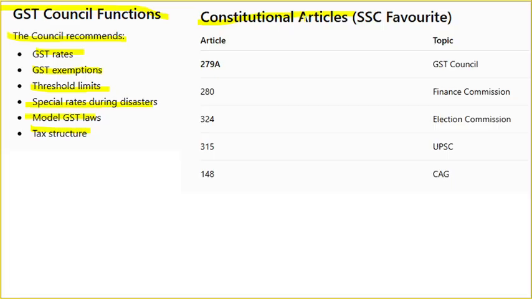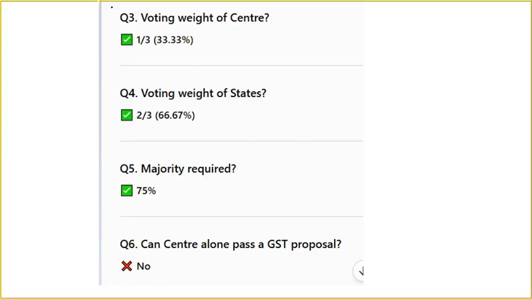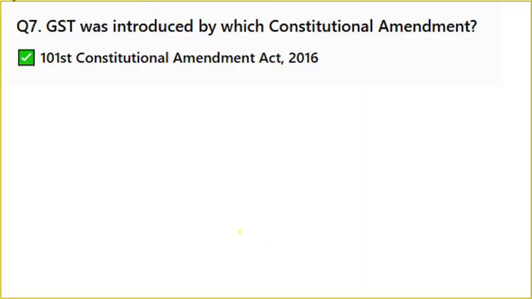Constitutional articles: Article 279 GST Council, Article 280 Finance Commission, Article 324 Election Commission, Article 315 UPSC, Article 148 Comptroller and Auditor General CAG. Voting weight of center 1/3, states 2/3, majority 75%, consent or no.